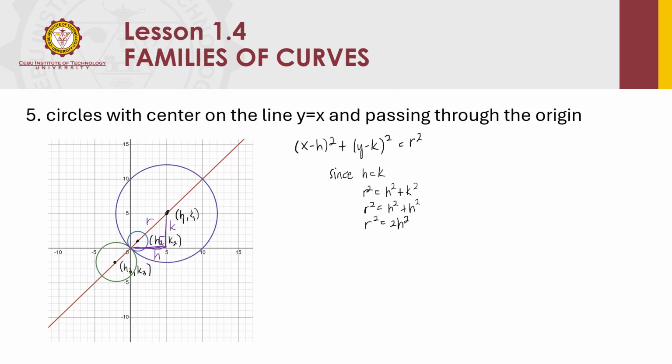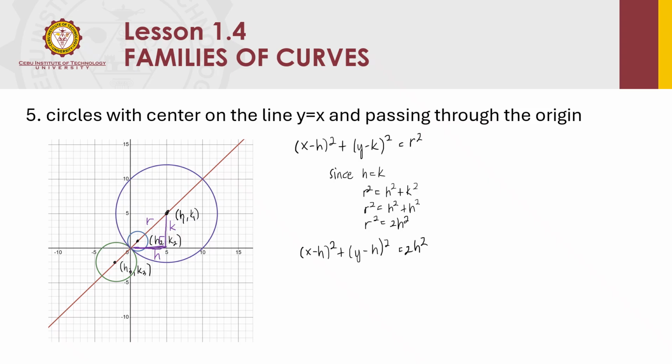This reduces the number of arbitrary constants to just one. We write the standard equation in terms of h only for the constant. So we have only one arbitrary constant, and we're now ready for solving the differential equation by eliminating the arbitrary constant.